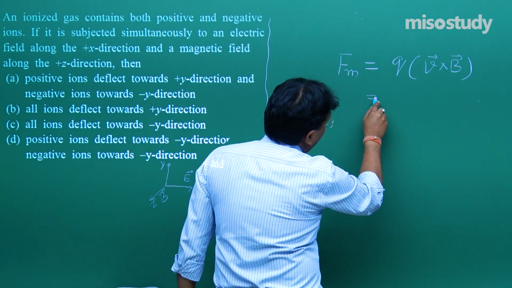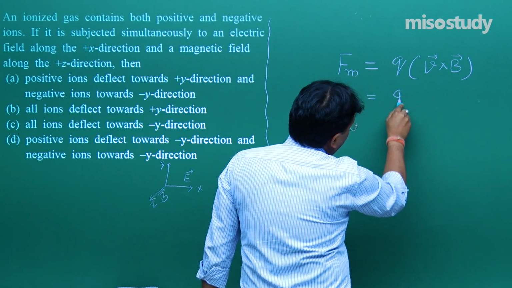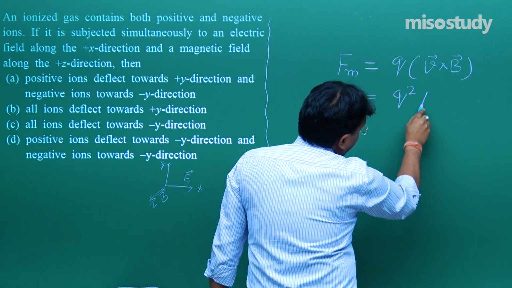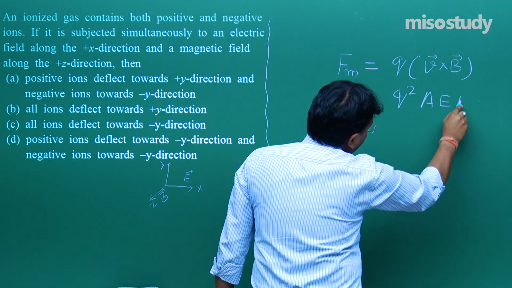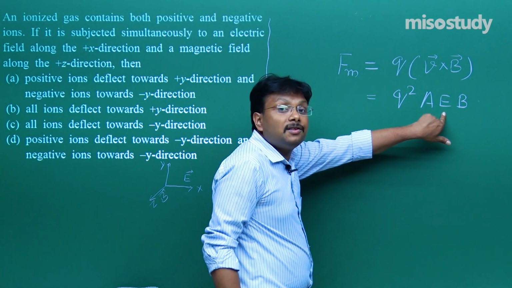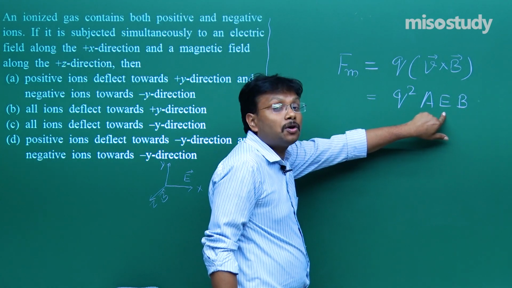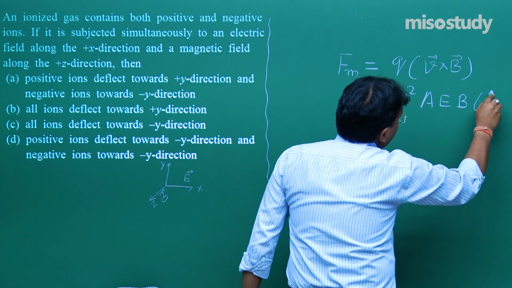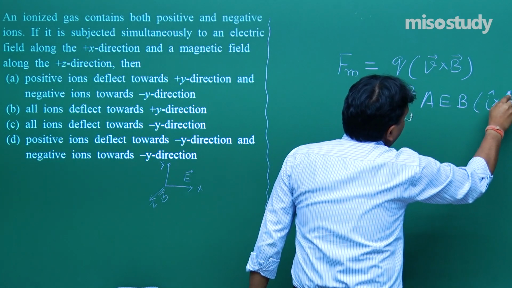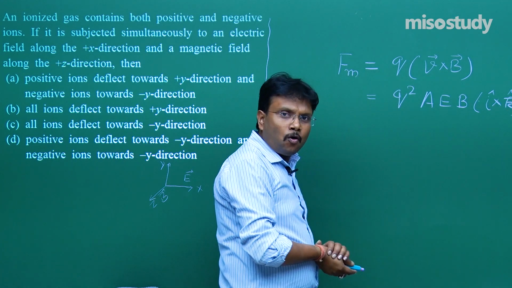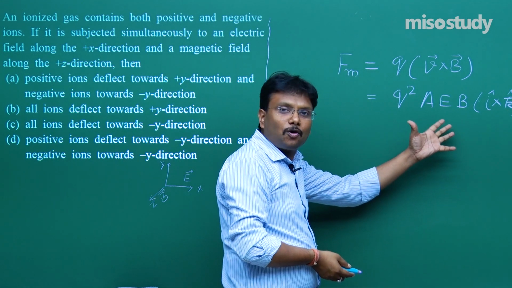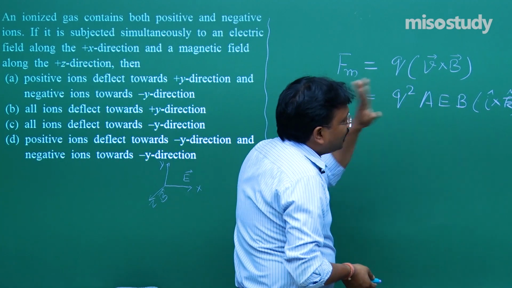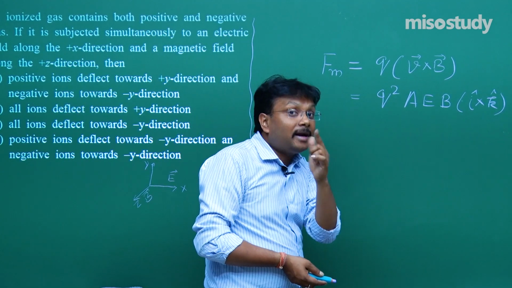If you use that value over here, it is q squared a E B. This is just the magnitude, in x direction cross z direction, that is i cross k. I hope you are all comfortable with this i cross k. So, what does i cross k mean in cross product?